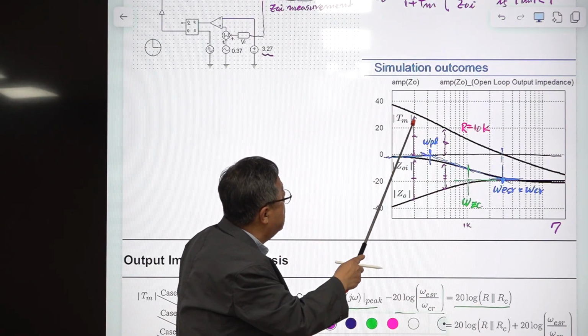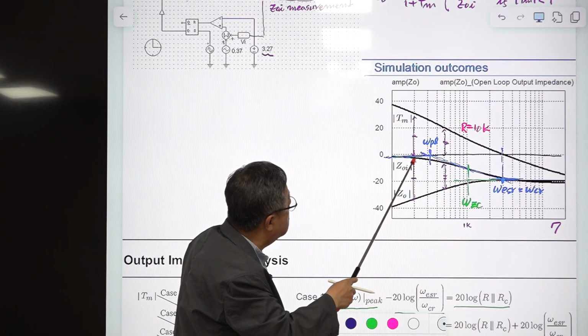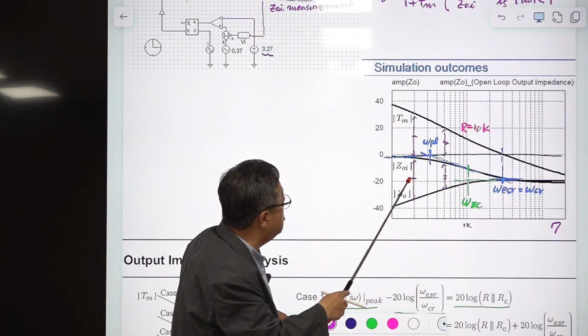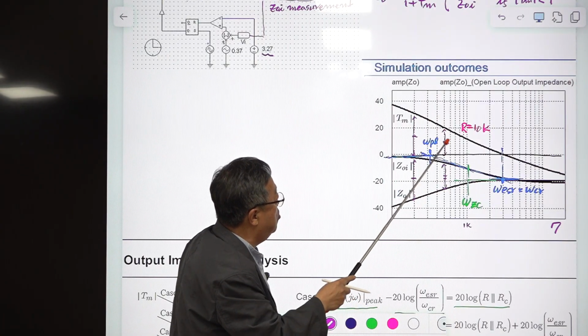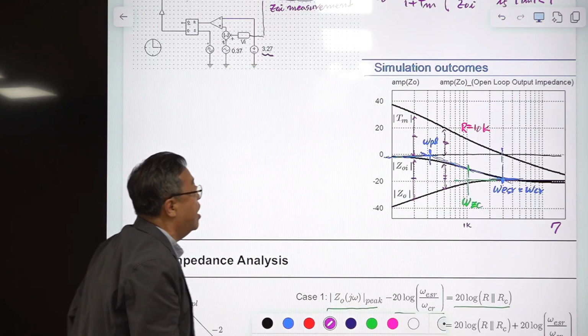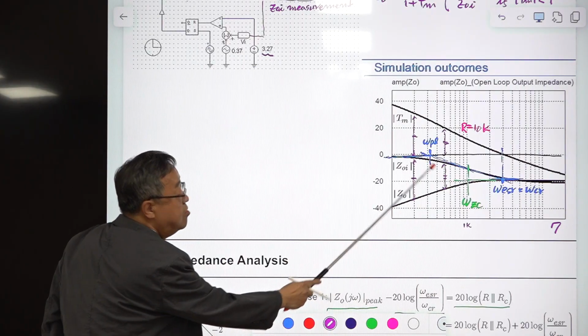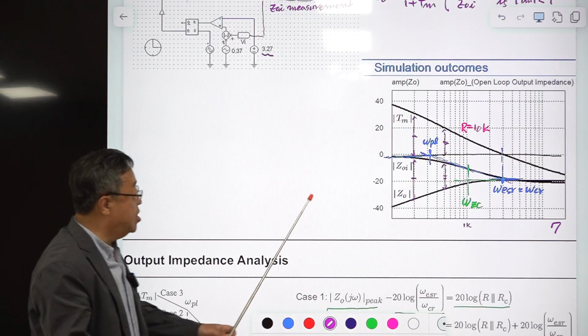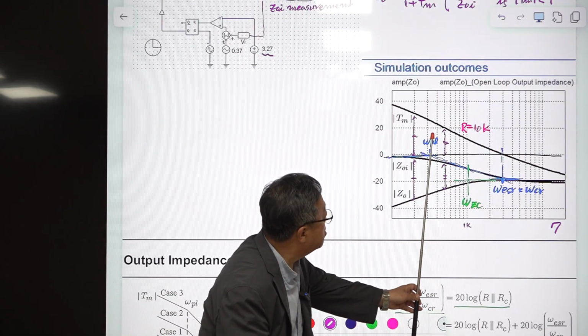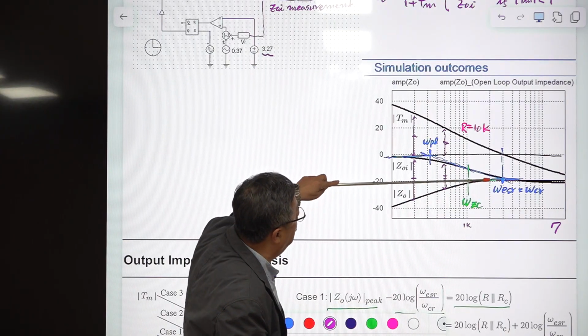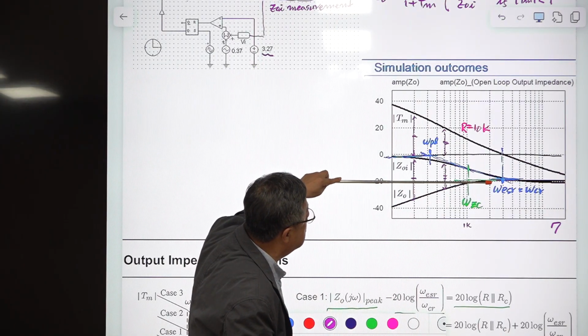So the distance of this guy is the same as the length of this one, and this frequency omega PL is here somehow. It's not shown here. But omega PL is here, and this is omega GC.